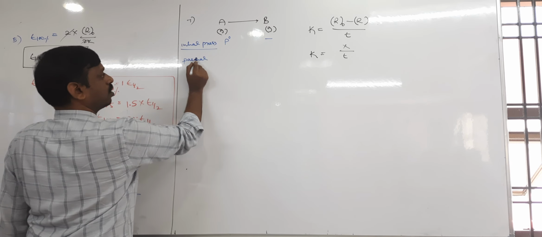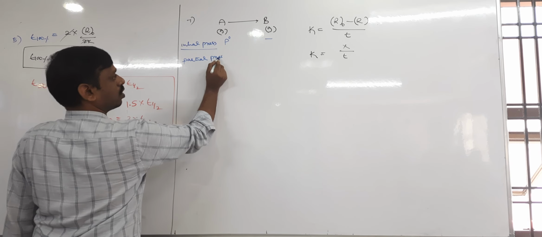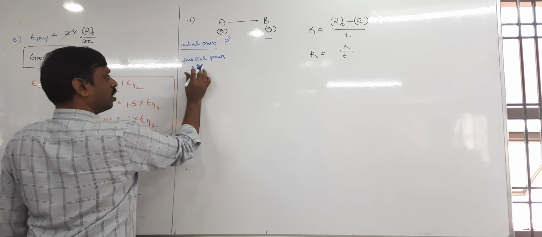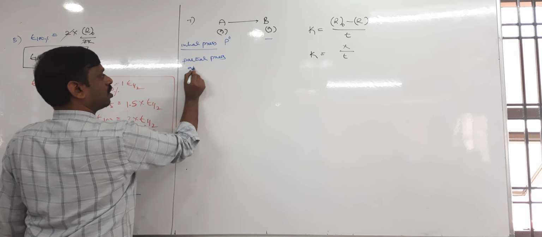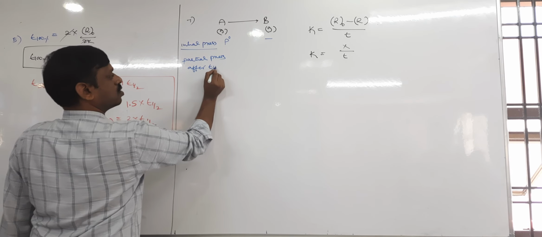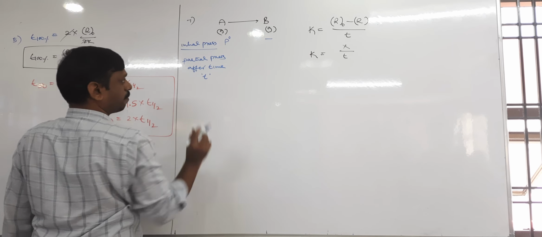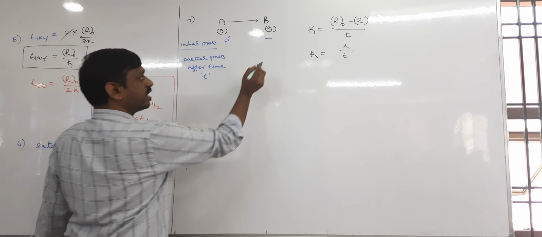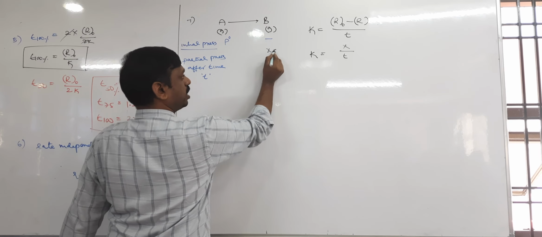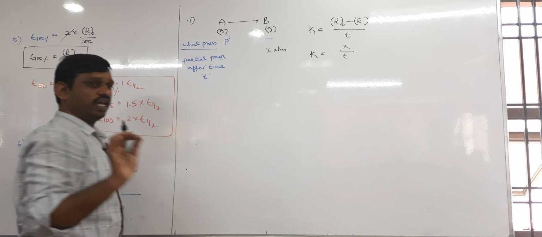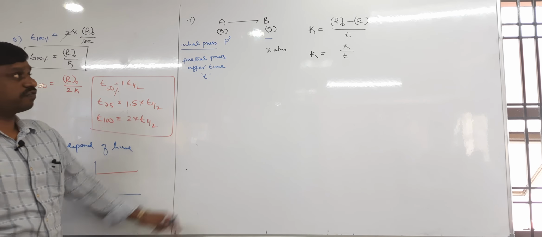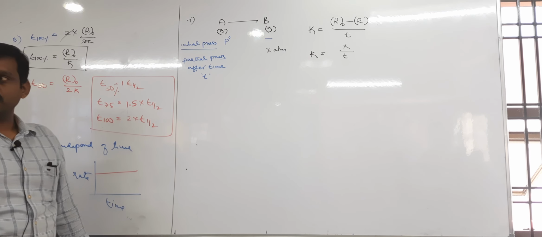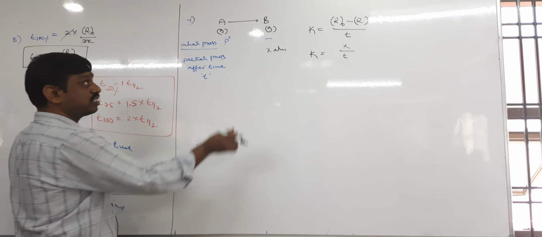Partial pressure after time t. Let the pressure of the product be x atm. Then what is the pressure of the reactant?